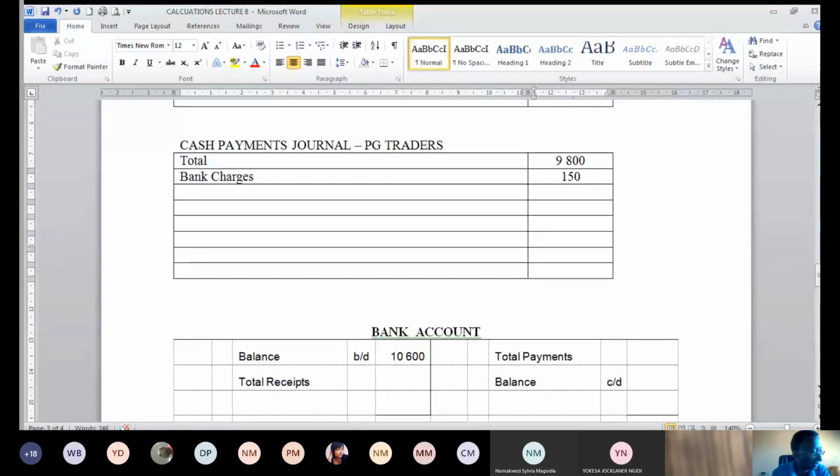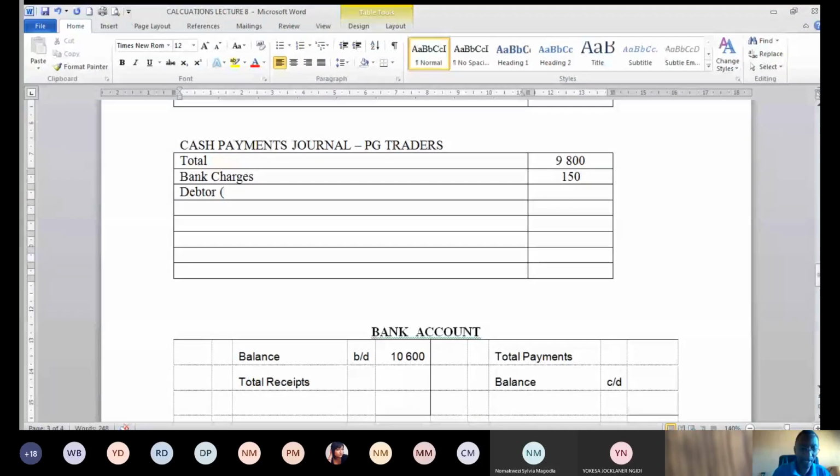I'm on to D, guys. A check for 700 Rand, which was previously received from a debtor, was dishonored due to insufficient funds in his account and therefore returned by the bank. A dishonored check, guys. Dishonored checks we record in our cash payments journal. So in your cash payments journal, we received the amount of money there from a debtor.